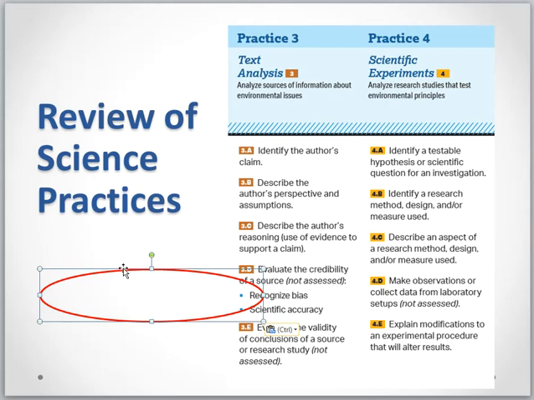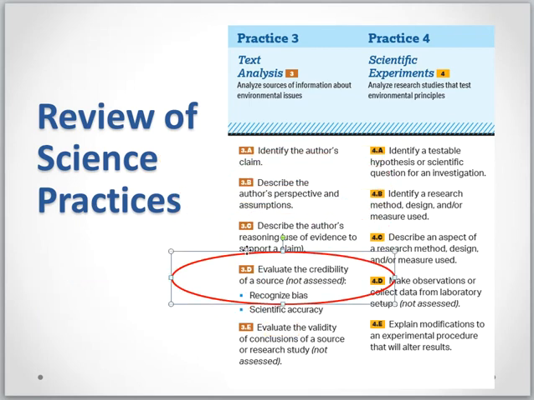Practice number 3 is text analysis. You're going to need to be able to read the information and understand what the author is saying, what their perspective is, what their reasoning is, whether their claim is credible, and whether it seems to be valid. In your science explanations, you'll be analyzing research studies. You might be given in your FRQ some type of research study where scientists planted 2 fields and applied this pesticide, and then measured this and discovered that.